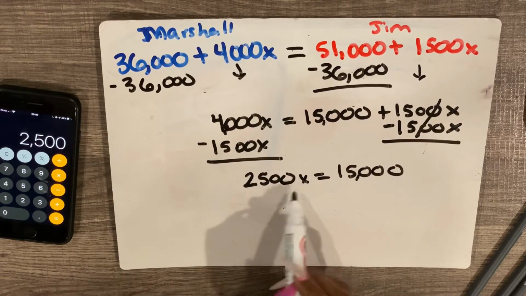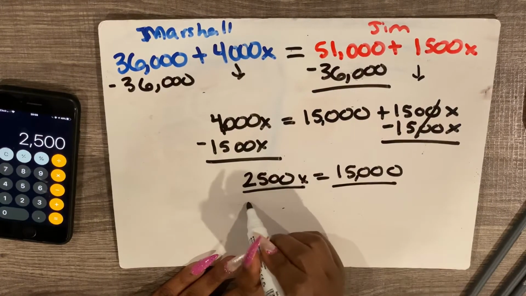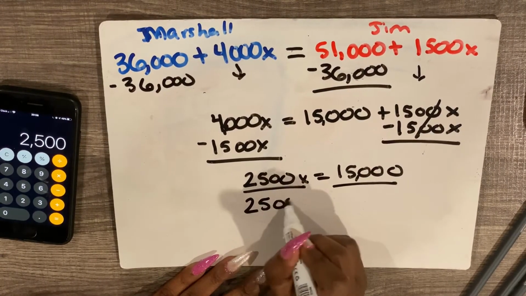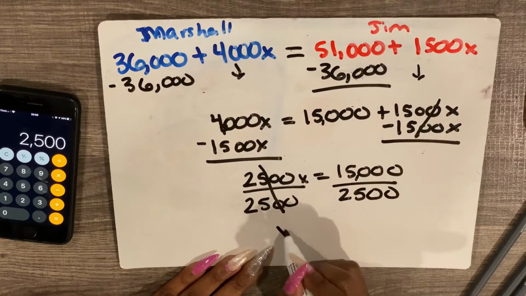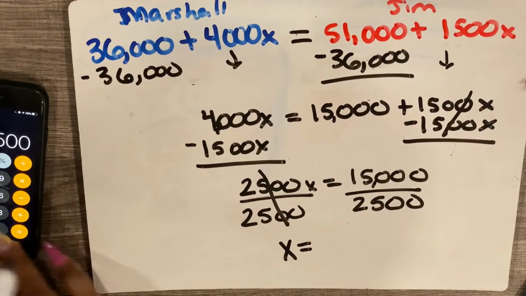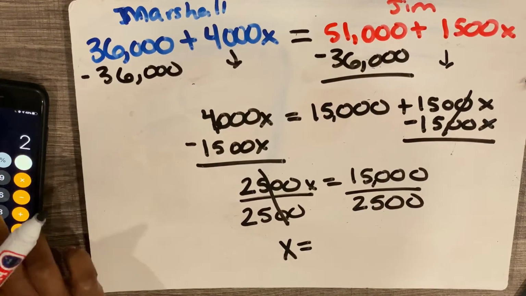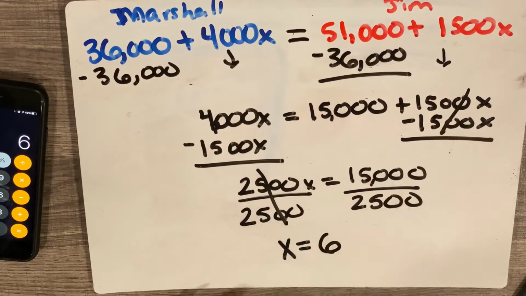This is our multiplication. To undo or do the inverse of multiplication is to divide. Bring down the x. Now I've isolated my variable. Then I'm going to do 15,000 divided by 2,500, and my answer is going to be 6.